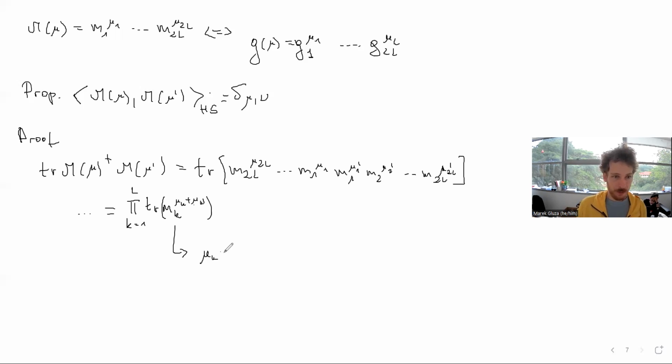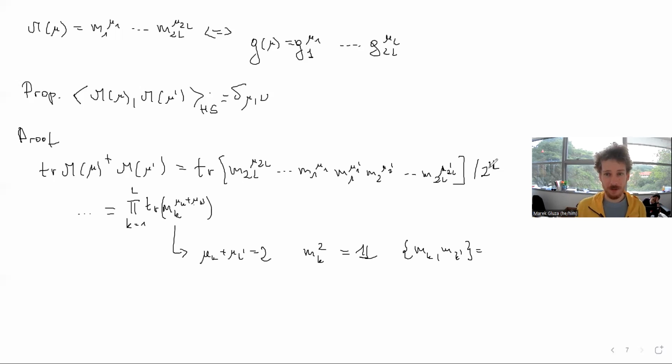If mu k plus mu k prime is equal to 2, then we have mk squared, and we can compute that this is the identity. Why? Because we have the Clifford algebra relations. I can divide here by 2 to the power l.